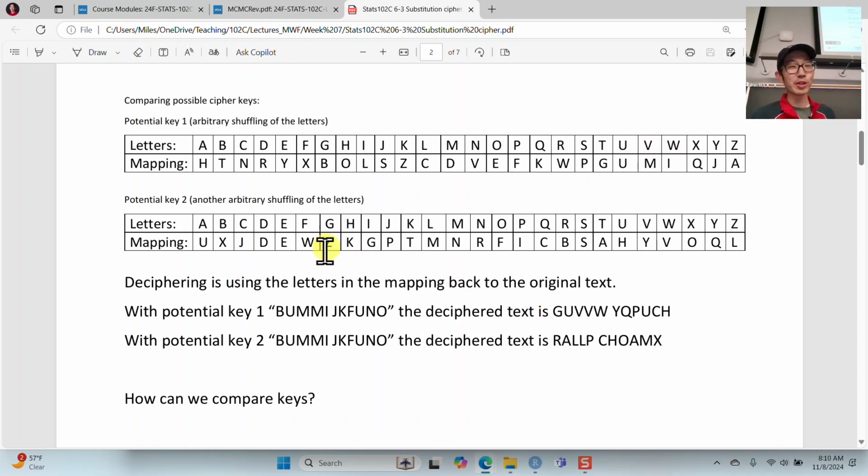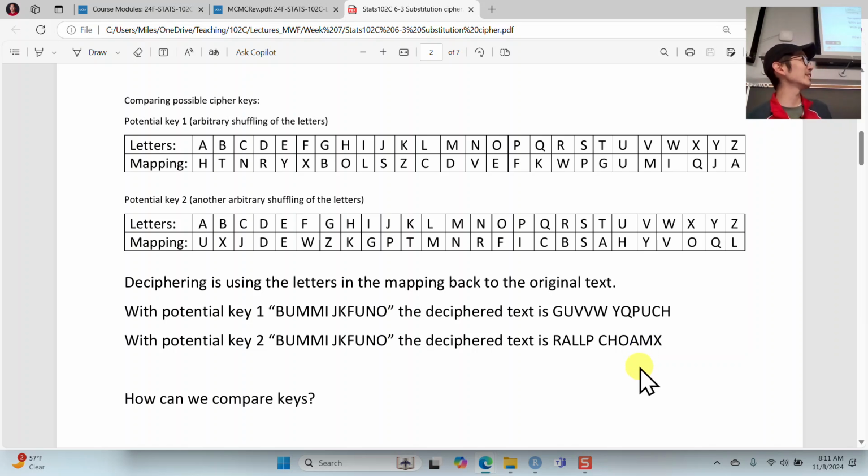And so when you decipher it, BUMMI becomes GUVVW YQPUCH. Okay, and then the other one, if you use this one, the B turns into an R, and the U turns into an A, and the M turns into an L, and so BUMMI becomes RALLPCHOAMX.